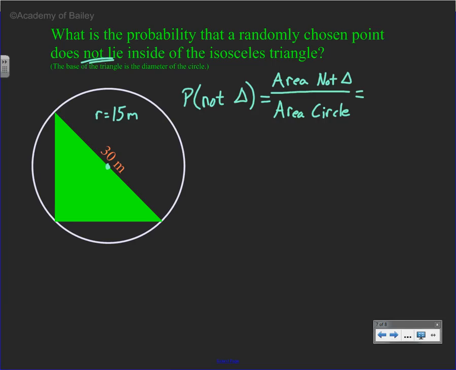Well, let's go ahead and calculate the area of the circle, which is pi times radius squared, pi times 15 squared. 15 squared is 225 times pi. And since this is meters, the area of the circle is going to be 225 pi square meters.